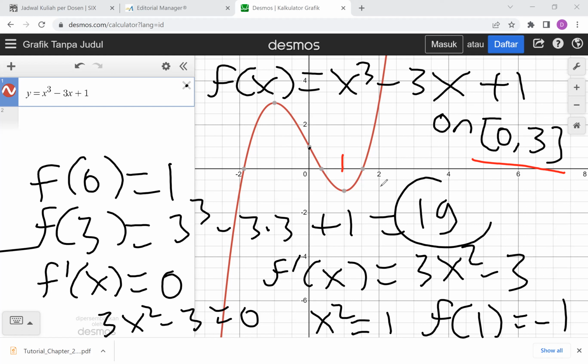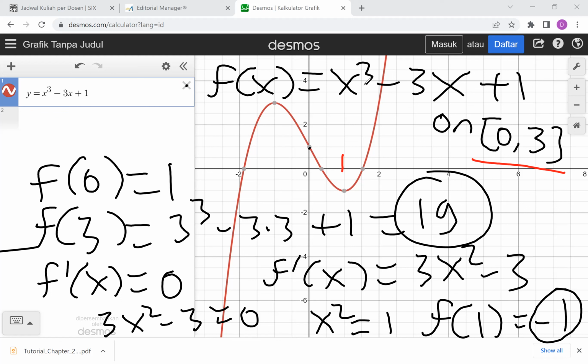The maximum value is 19 because it's the largest one. The minimum value is minus 1. So the maximum value is 19 and the minimum value is minus 1.